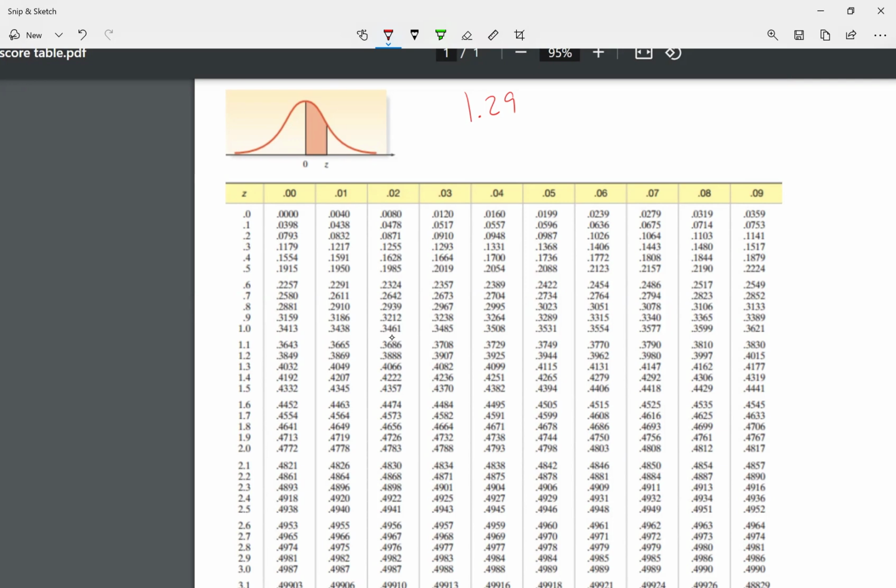But when I look at my table, I just look for 1.29. Here on the left, I'm going to look for 1.2 because it's up to my first decimal place, and here on the top, I'm going to look for 0.09. So 1.2 is here, 0.09 is here. So that probability is 0.4015.